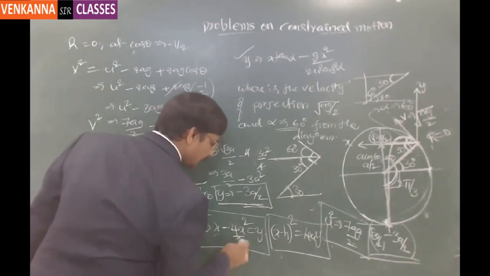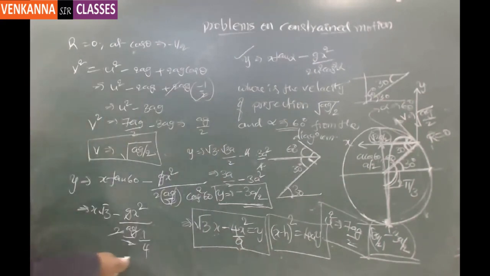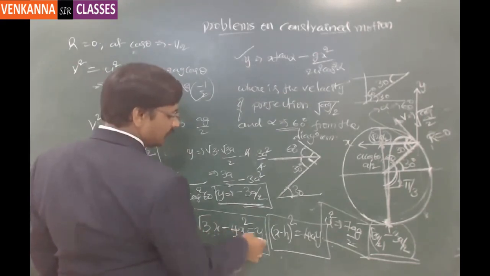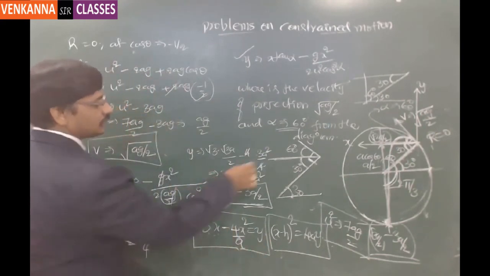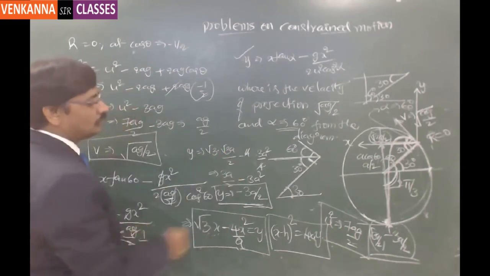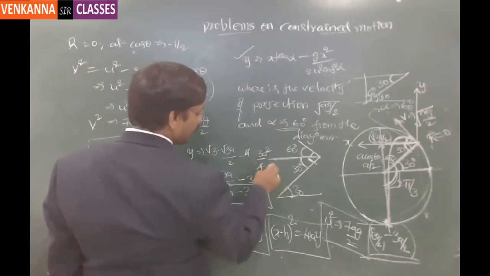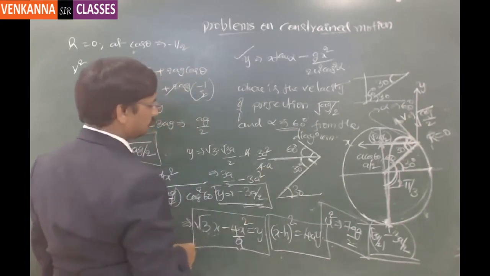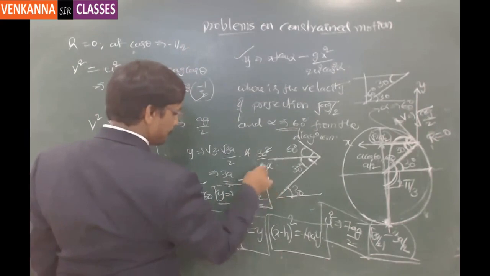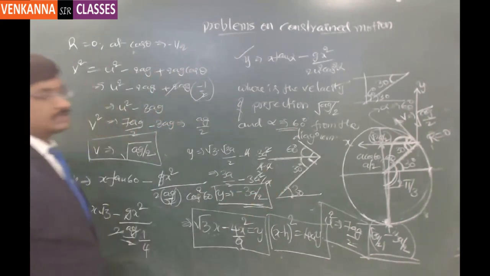So g will cancel out, and this 4 comes up, and in the denominator a is left over. So root 3x minus 4x square by a is equal to y, and when you substitute here, y is equal to root 3 times root 3a by 2 minus 4 times a square by 4a. So this a will cancel out, and 3a by 2. Now it is correct. Yeah. Got it? Yeah, thank you.